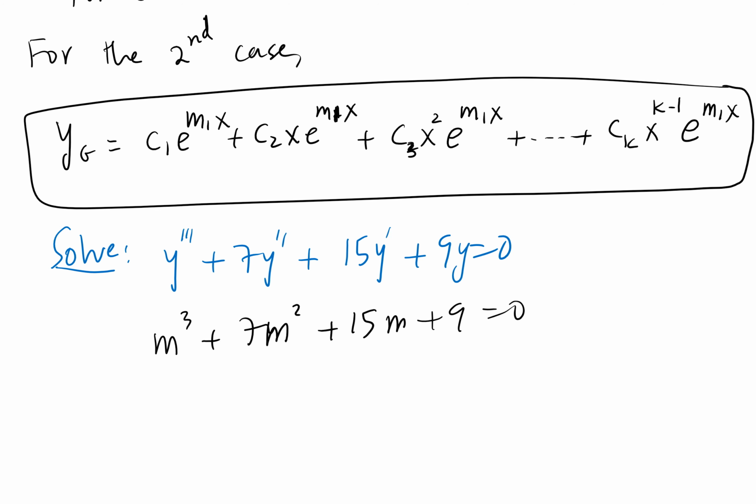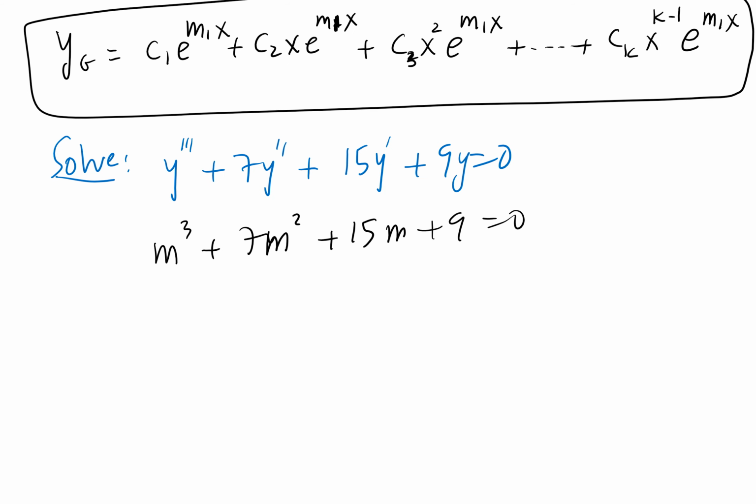How do we factor this or solve it? If you remember from algebra, you can do grouping, but grouping is not going to work out here. The other way to do it is to use a theorem. What do we use?